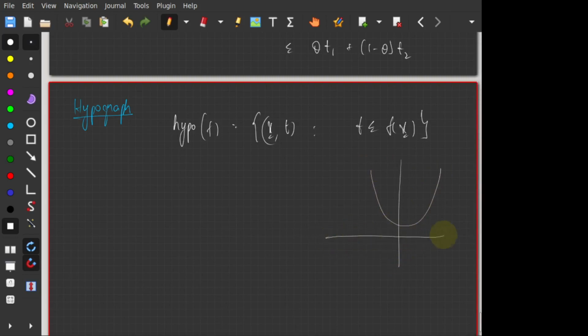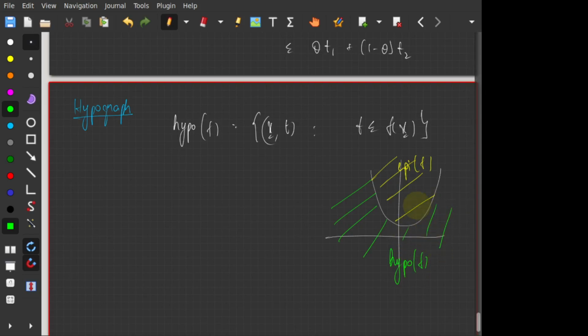If you have a function f, then the region above the curve is called the epigraph, and the region below the curve is called the hypograph. If f is convex, obviously the epigraph is convex. The hypograph is non-convex. But what if f is concave? The hypograph would be a convex set. The epigraph would be non-convex.